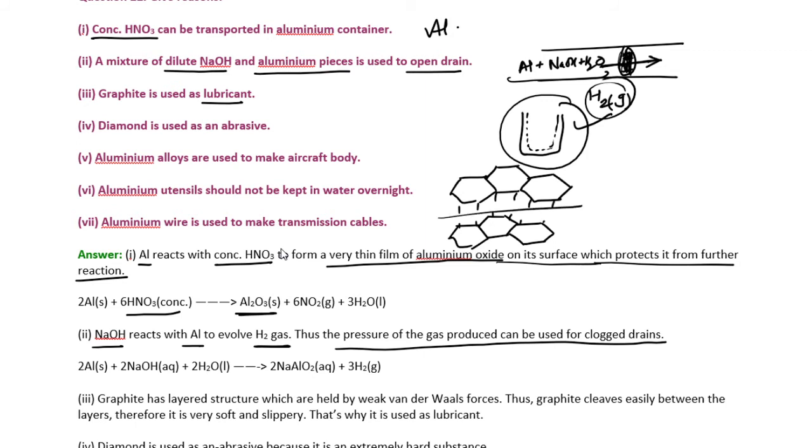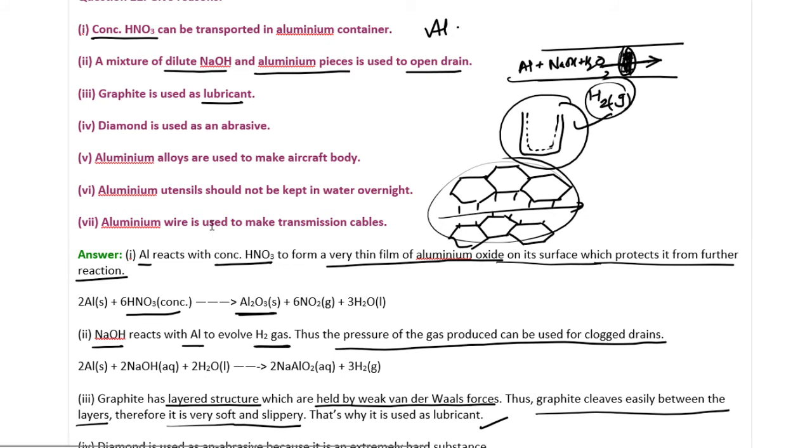Due to this slippery nature, it acts as a lubricant. Graphite cleaves easily between the layers, and it is very soft and slippery. That's why it is used as a lubricant.